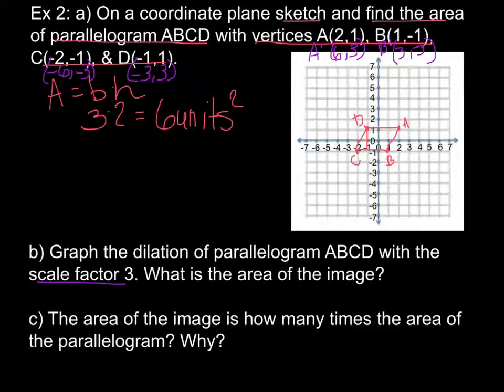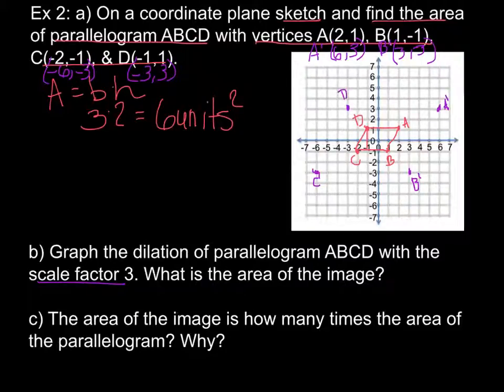Let's graph all of these. The first one, out to 6 and up to 3, A prime. Over to 3, down 3, B prime. C prime, over to negative 6 and down to negative 3. And then our last one is negative 3 and up to 3.